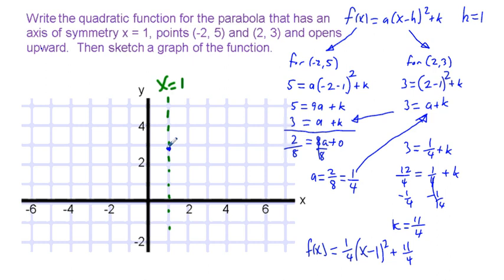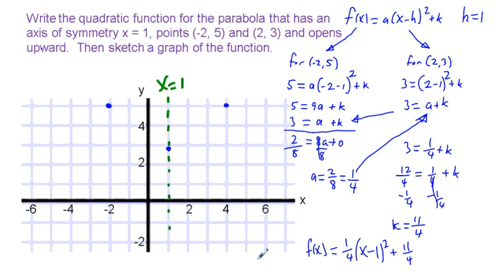It's like 2.75. And we should also see (-2, 5). So we go to -2, we should get -2, 5. Okay, so that should be what it looks like. And because of symmetry, we would have (4, 5). So it looks something like this.